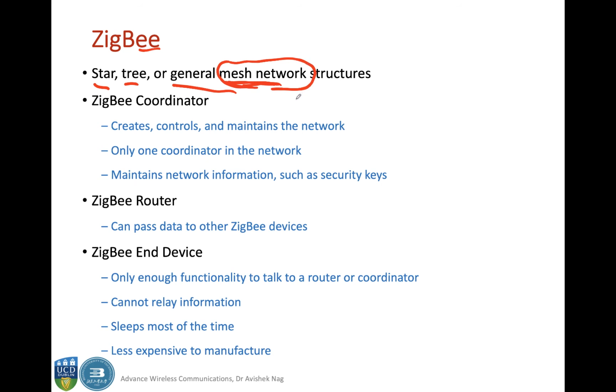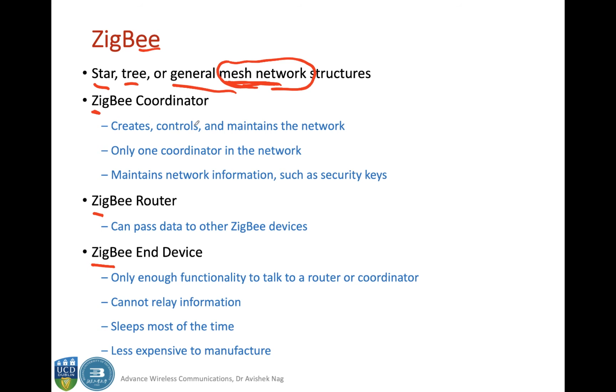Among the different devices in a ZigBee network, the categories can be 3. One is the ZigBee coordinator, the other is the ZigBee router, and the third is the ZigBee end device.